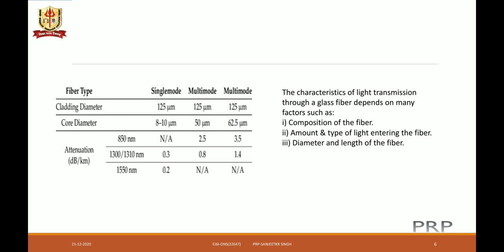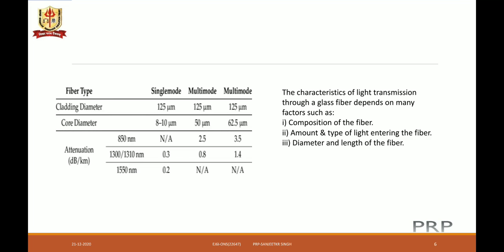Here is the core and cladding diameter given for the single mode and the multi-mode, step index and graded index with the attenuation. Depending upon the wavelength, attenuation is varied.